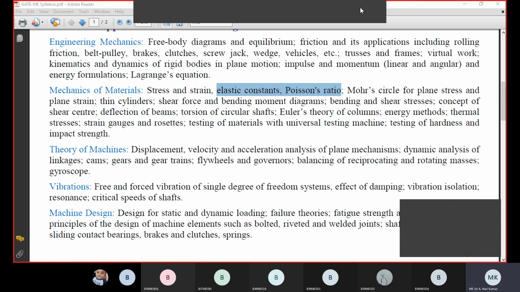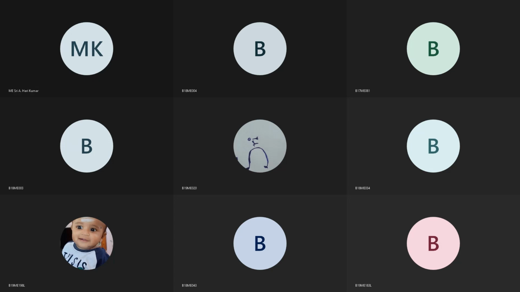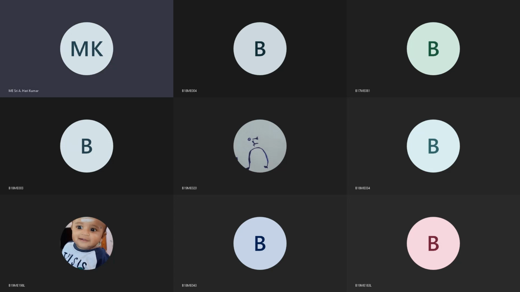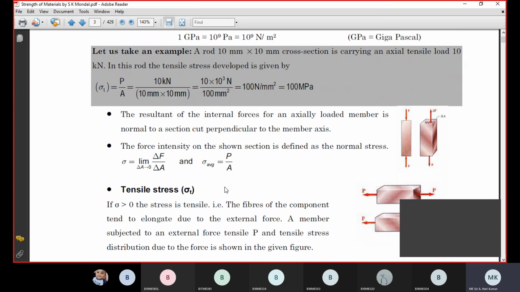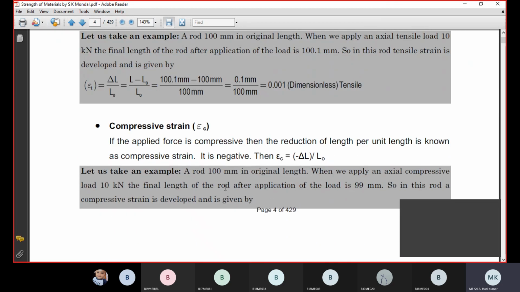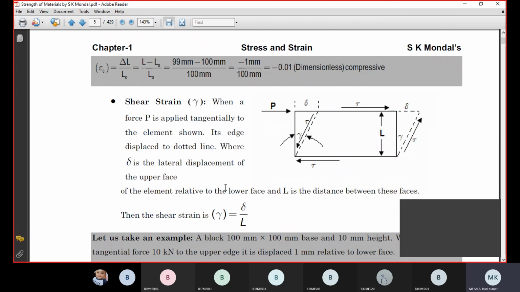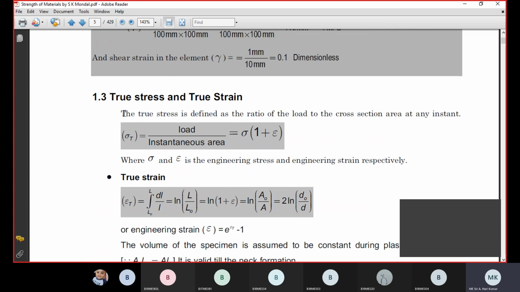And coming back to that discussion, what I was telling about the strategy. Now these things are already known to you, like the general expression for stress, the general definition, and types of stress: compressive, shear, and strain. These things are already known to you, though we studied them again.